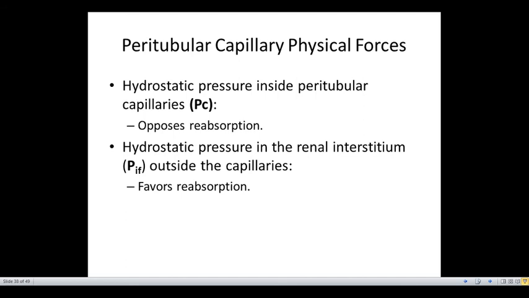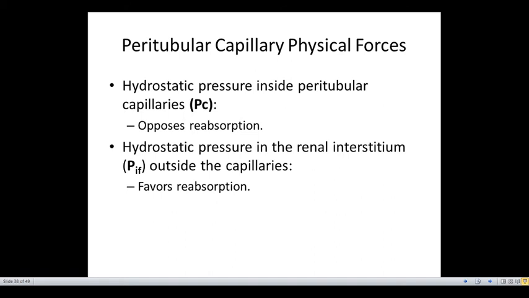The peritubular capillary physical forces include: number one, hydrostatic pressure inside peritubular capillaries, PC, which opposes reabsorption.